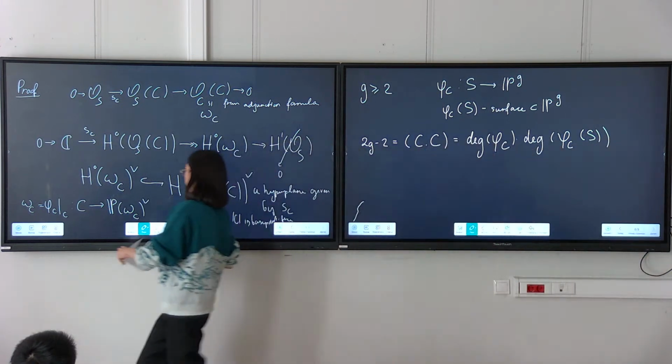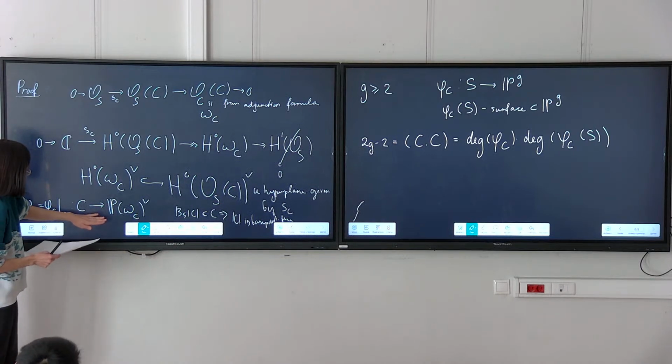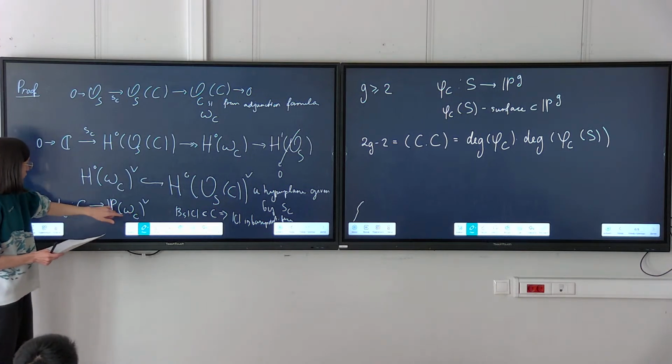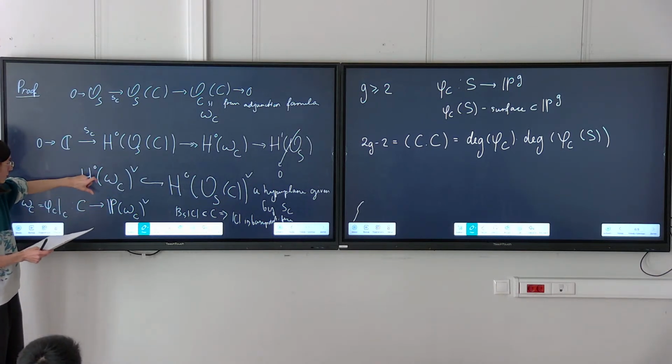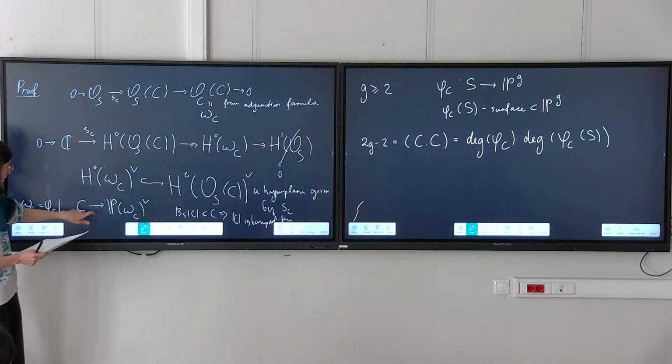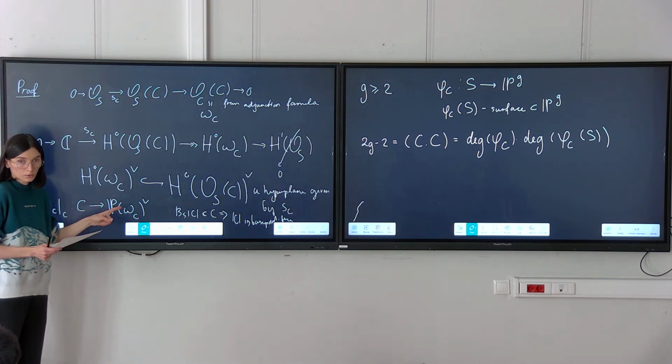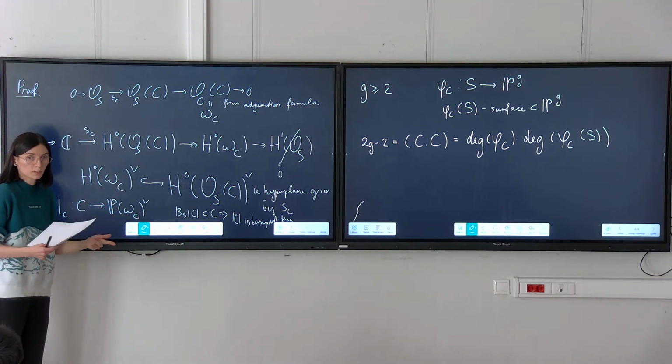Just because in this case a general member of the corresponding linear system is mapped to a curve here, so it will be a surface.